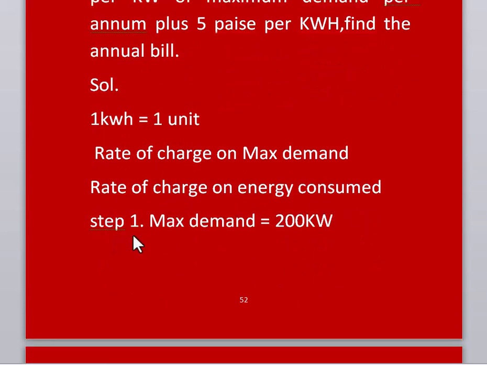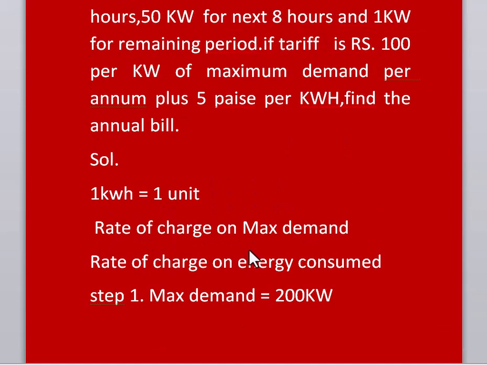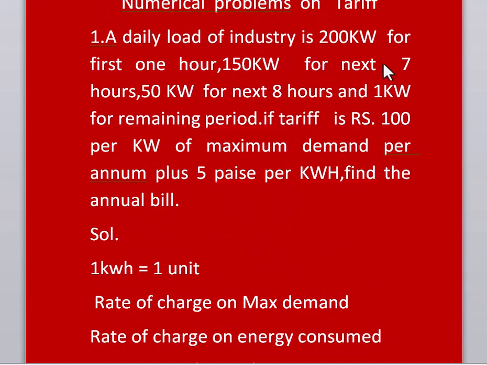Step 1 is, what is the maximum demand in this load schedule. Look at this daily load, meaning for a 24 hour period, what are the loads on the system or in the industry. That is 200 kilowatts, 150 kilowatts, 50 kilowatts, 1 kilowatt.